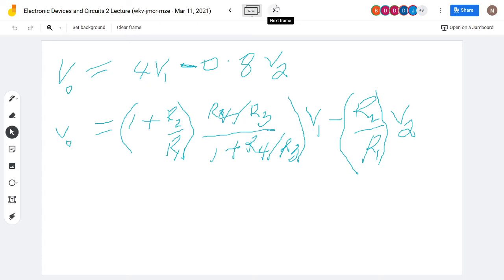And that is that this is the coefficient which is similar to this coefficient. So we can say all of this is actually 4, and all of this is a coefficient similar to 0.8.